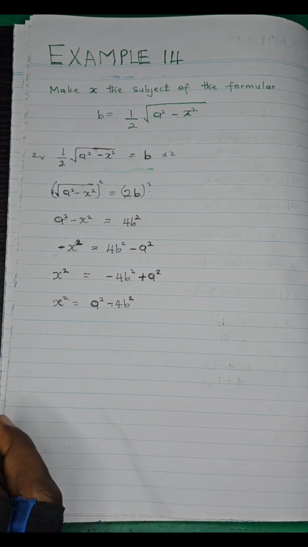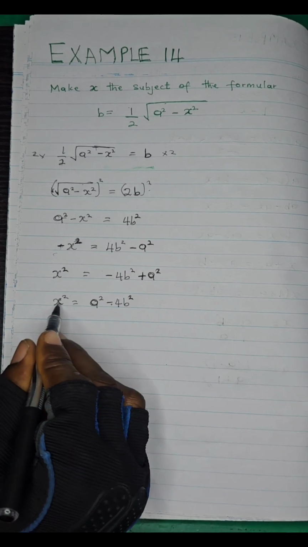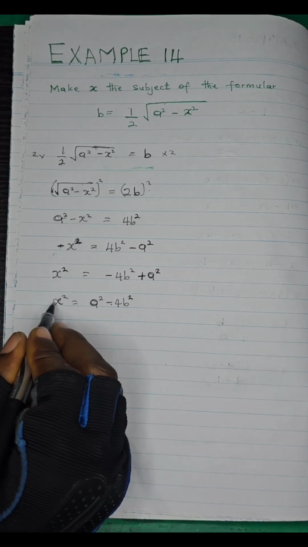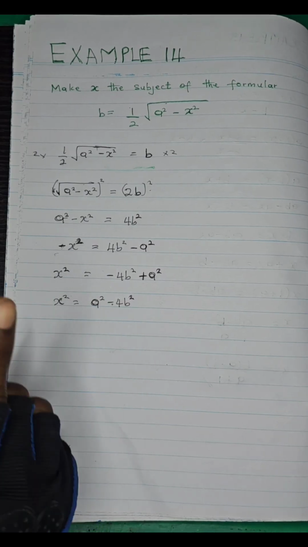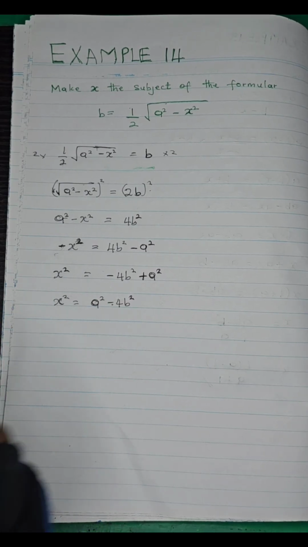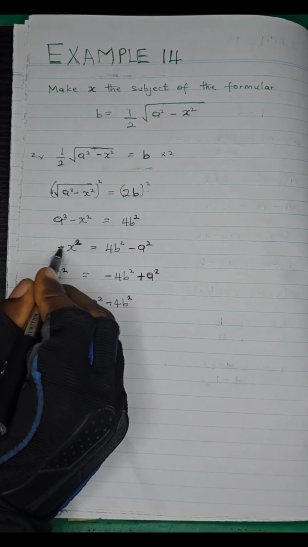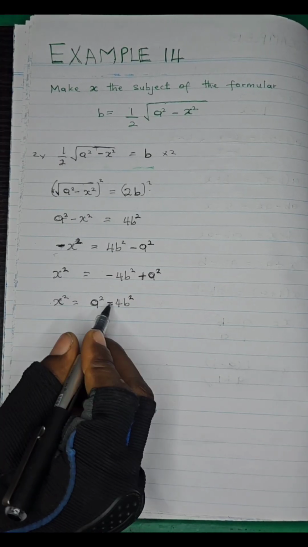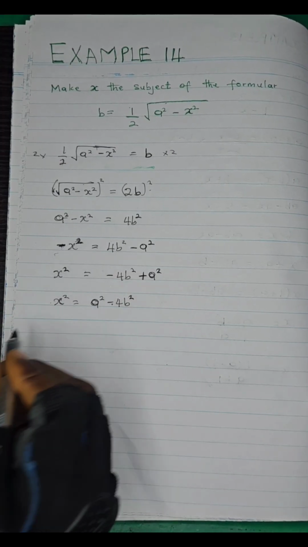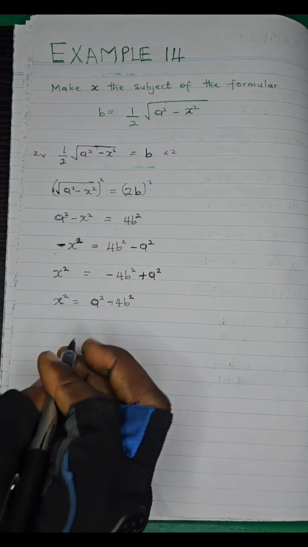So now that we've gotten this, the next thing we are going to look for is this: x is already on its own at one side of the equation, but we still have a power. So the power must be 1, the coefficient must be 1, and the sign must be positive. These are the things you look out for. So we can't say this is our final answer. We still need to work on it further. So find the square root of both sides.